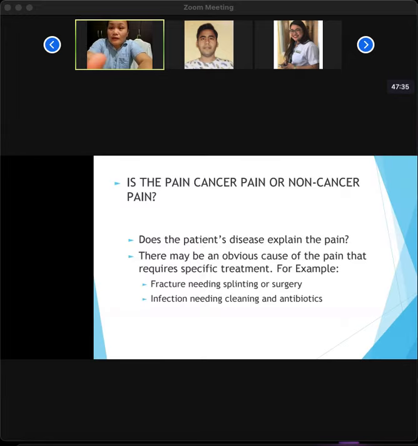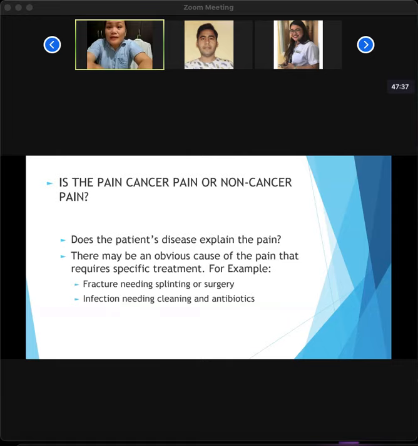So another question is, is the pain cancer or non-cancer pain? Okay, does the patient's disease explain the pain? There may be an obvious cause of the pain that requires specific treatment. For example, fracture needing splinting or surgery, infection needing cleaning and antibiotics.